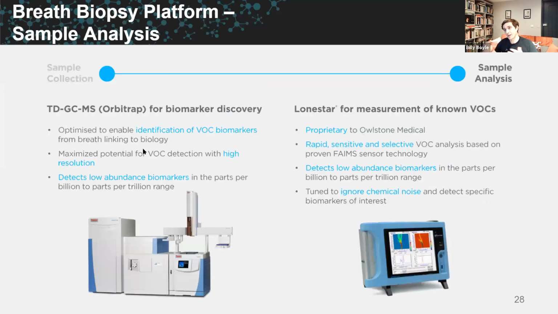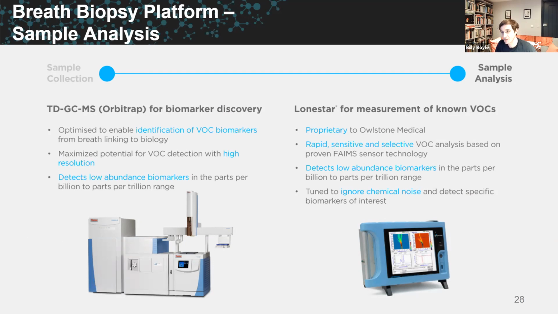So when we do analysis, we think about it in two ways. We have a technology that, once you know what you're looking for, you can program. But actually, if you want to be doing robust discovery type workflows, you need to invest very significantly and heavily in top of the range GC mass spec capability. So we've done that over the years.